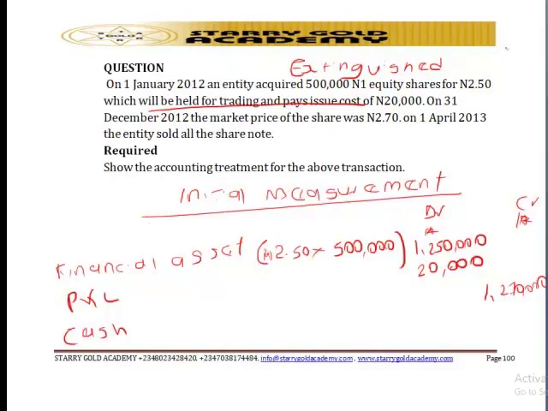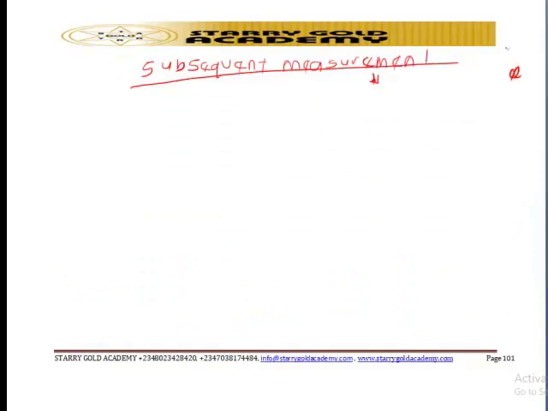They said that on 31st December 2012, the market price of the shares was now 2 naira 70 kobo. So there's a gain, isn't it? So how do we do that? We say 2.70 times 500,000. That's 1,350,000, and before it was 1,250,000. So we now minus.